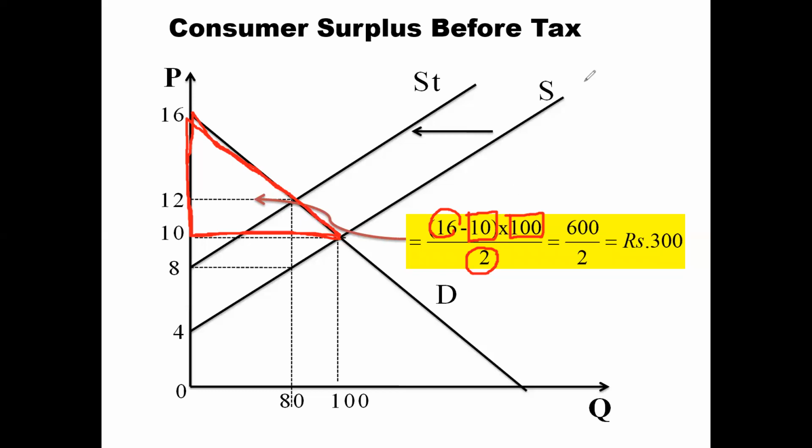So always remember the price paid by consumer, and the consumer always buys the demand quantity, 100. Right, okay. Mark the area and show the calculation. Consumer surplus area is this. This is consumer surplus before the tax.